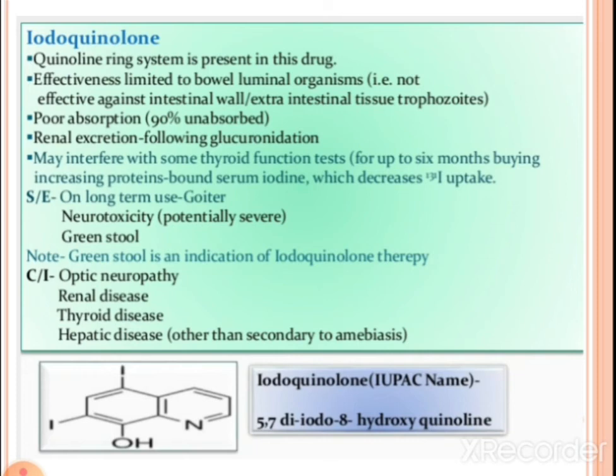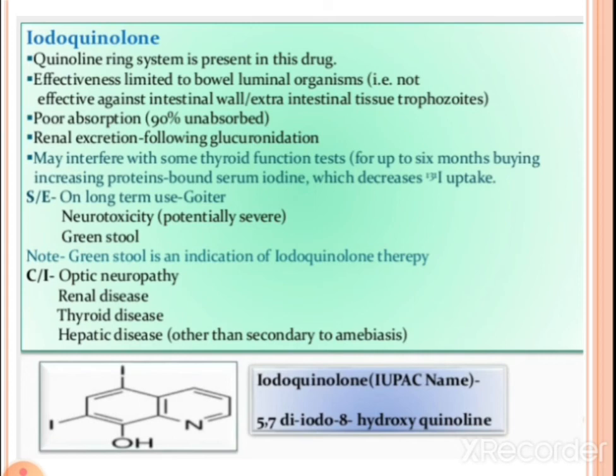Its effectiveness is limited to the bowel luminal organisms; it is not effective against the intestinal wall, extra-intestinal tissue, or trophozoites. So this drug is useful only in the luminal area, because it does not show activity against trophozoites which have already penetrated into the intestinal wall.